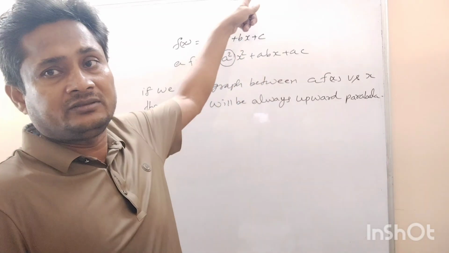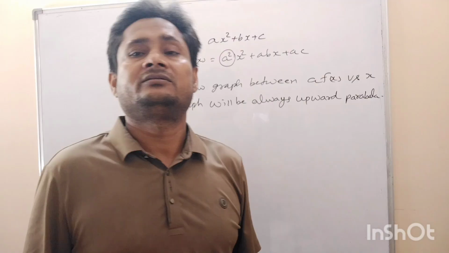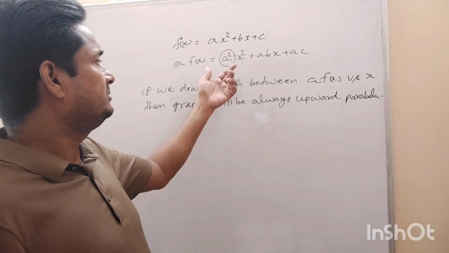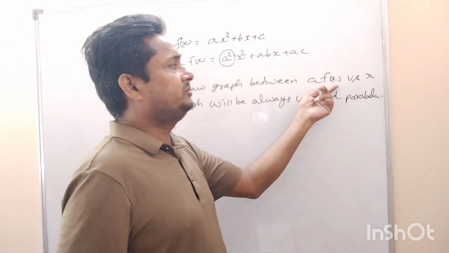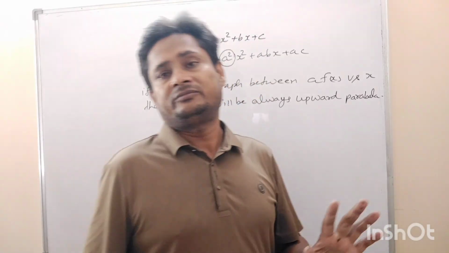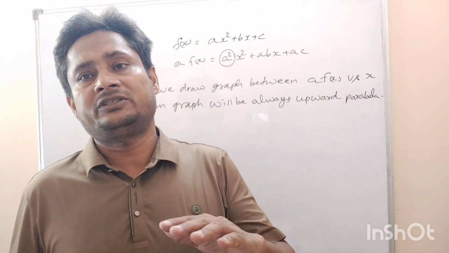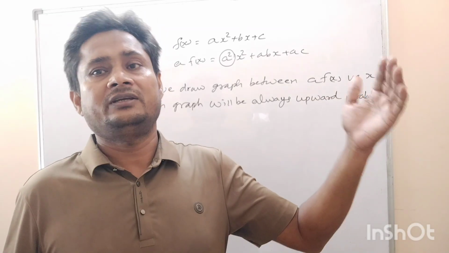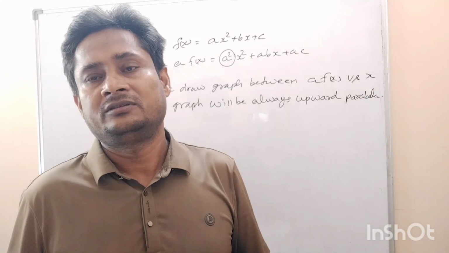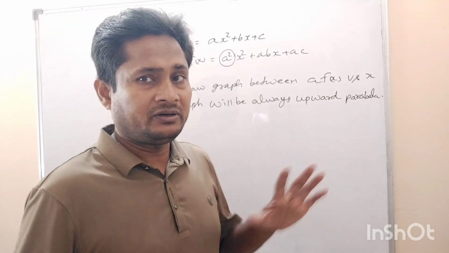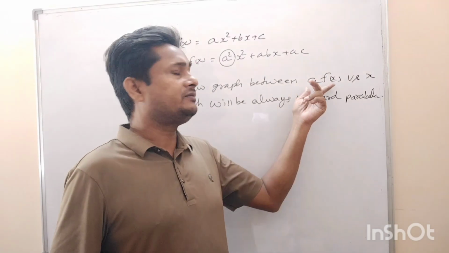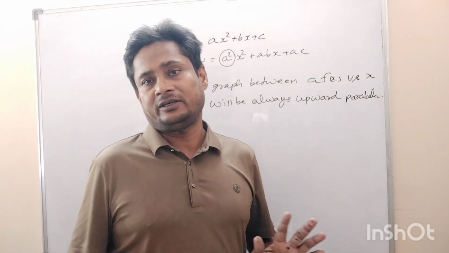The answer will be the same as studying a positive and a negative in two cases. So from now onward, we will take the graph of a times f(x) versus x.